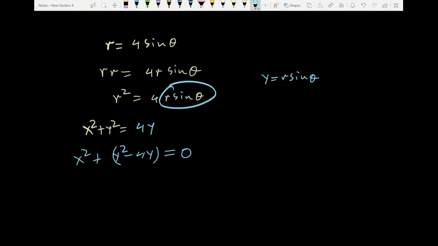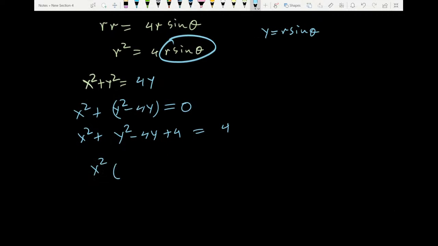Now, what can you do in order to get a nice complete square? In order to get a circle in this one, I gave you the answer. You have to complete the square. So to complete this square, take the middle term, divide by 2, and then you square that: y squared minus 4y plus 4. If I'm adding 4 to this side, I have to add 4 to this side also.